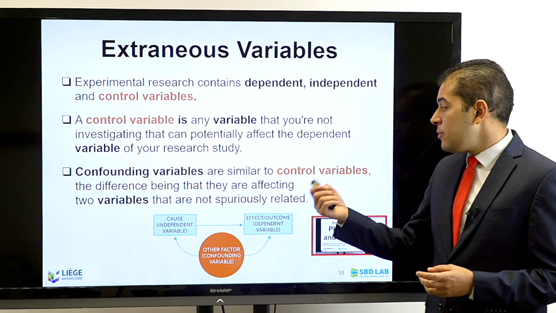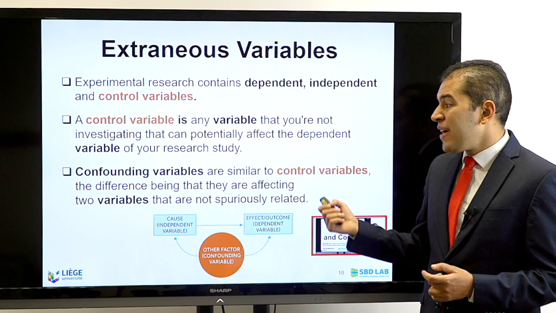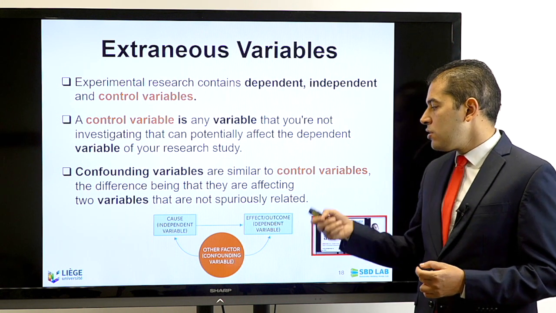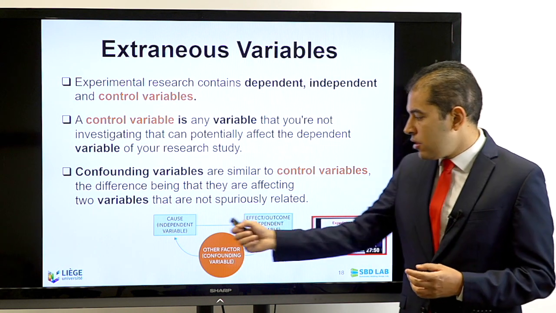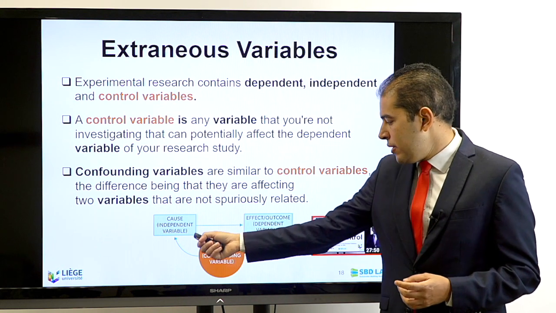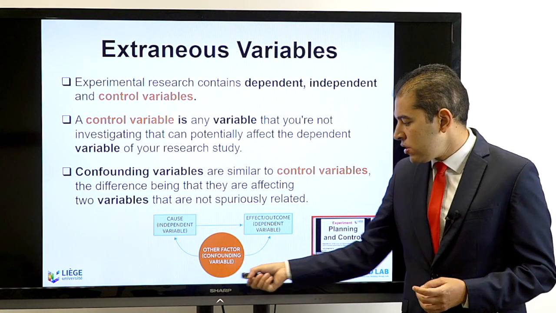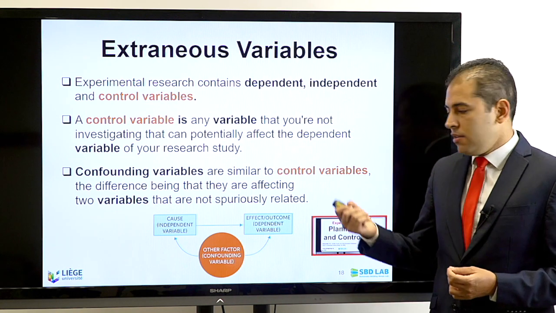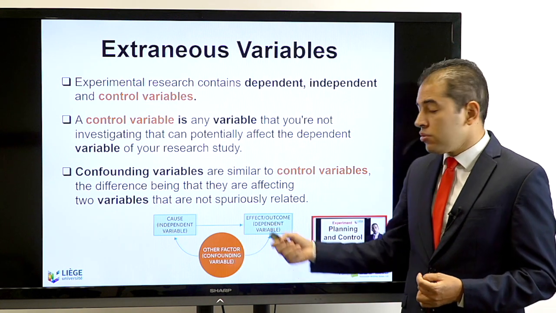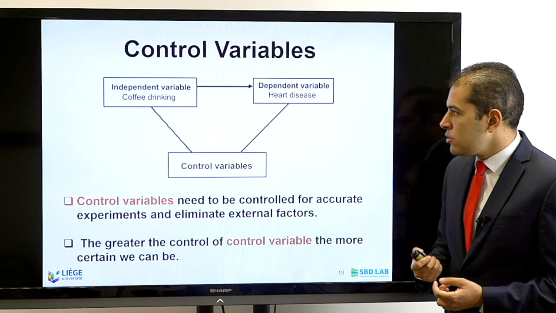Confounding variables are similar to the control variables, the difference being that they affect two variables that are not directly related. So I can have a cause-effect relation, I have an independent variable, I have a dependent variable, and here I can have other factors that we can call confounding variables. In any case, if you have confounding variables or control variables, we try our best to neutralize them. Very important to look at that.